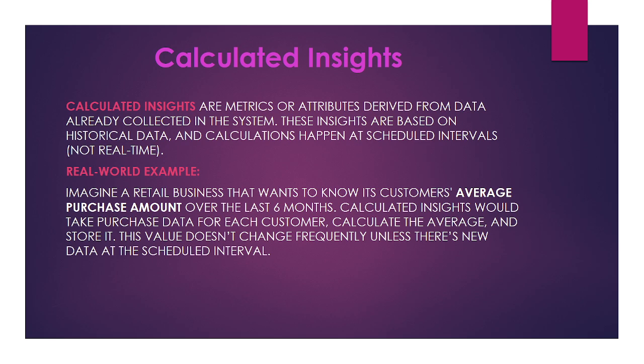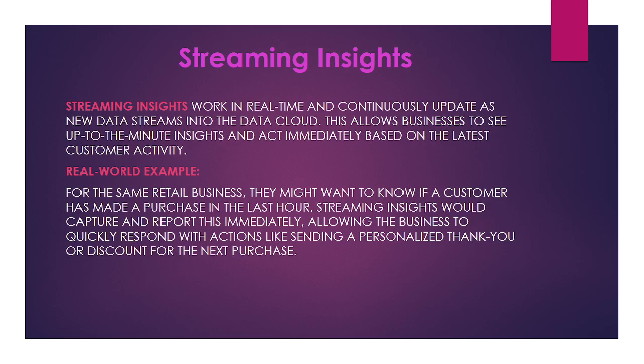We will not run the batch on the spot, right? So you can simply understand that calculated insight is something like batch classes. If we want the data, or we want the average of any customer's last 6 months of purchases, then we will go with the calculated insight. Hope you understand that. Now let me go to the streaming insight.